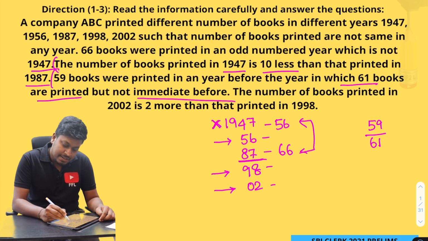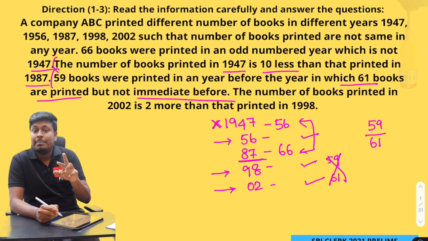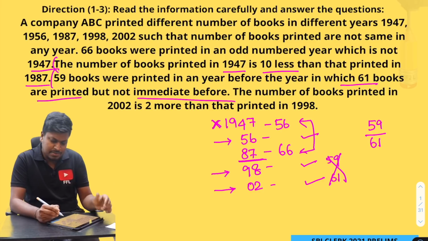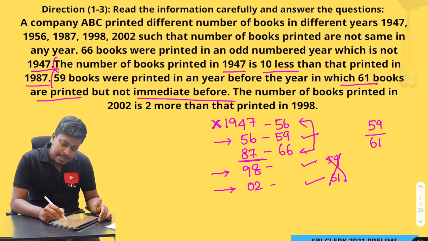If I fix 59 here, then this must be 61, but that is wrong, because the years are not immediately consecutive. So definitely this will be 59. Either 1998 can be 61 or else 2002 can be 61. There are two chances. Let me move on to the last point.